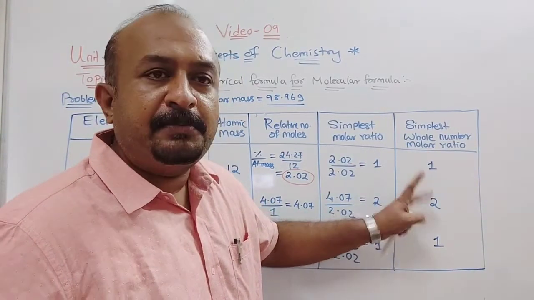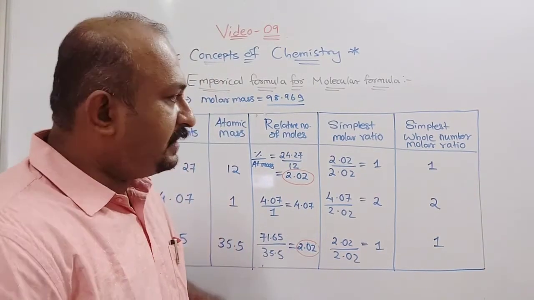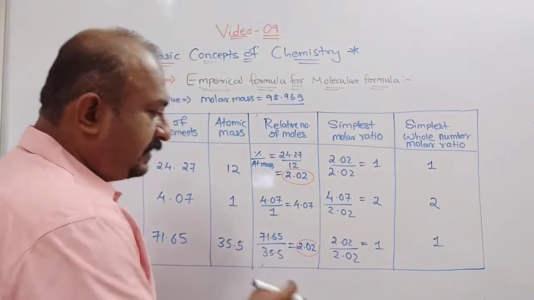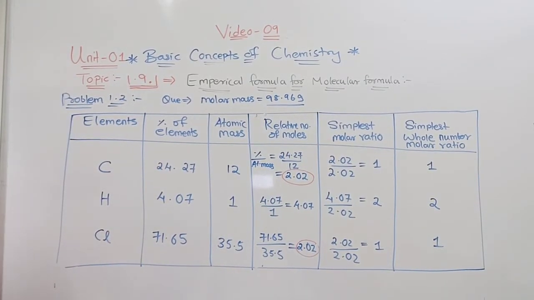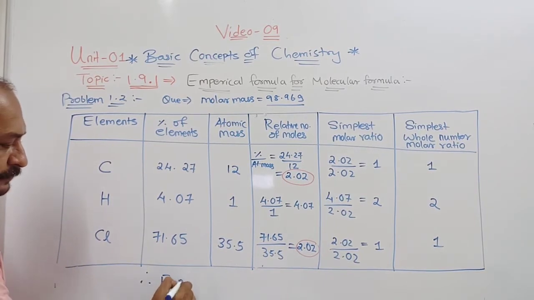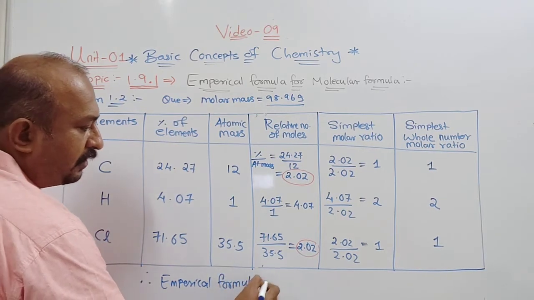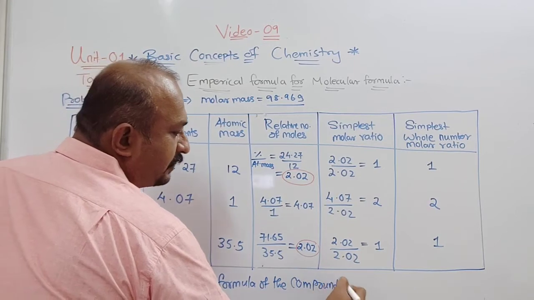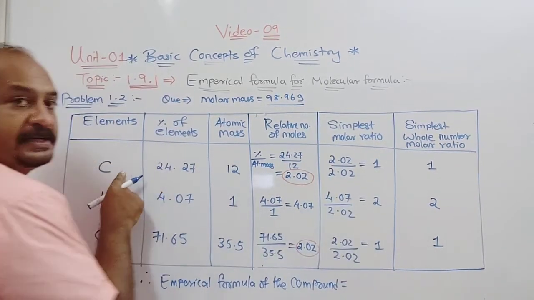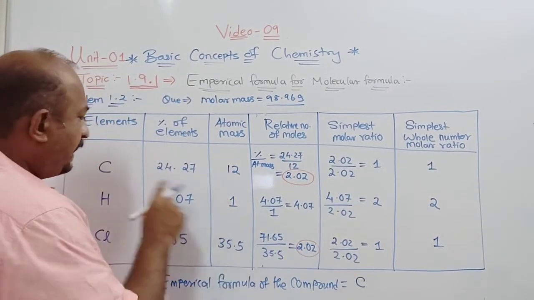Now if you substitute this number next to the symbol in the formula, you get the empirical formula. We will see that in the next part, or you can see it here at the bottom. Therefore the empirical formula of the compound is equal to carbon, which you can see here is 1, so I will write C, no need to write 1.